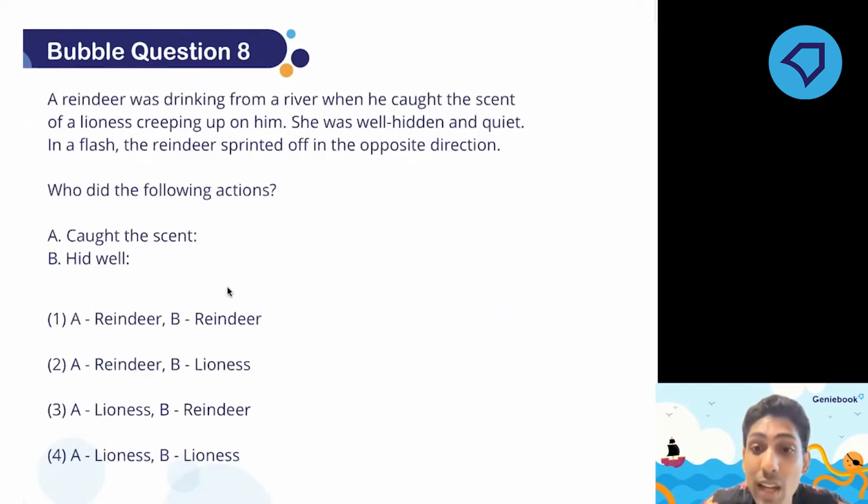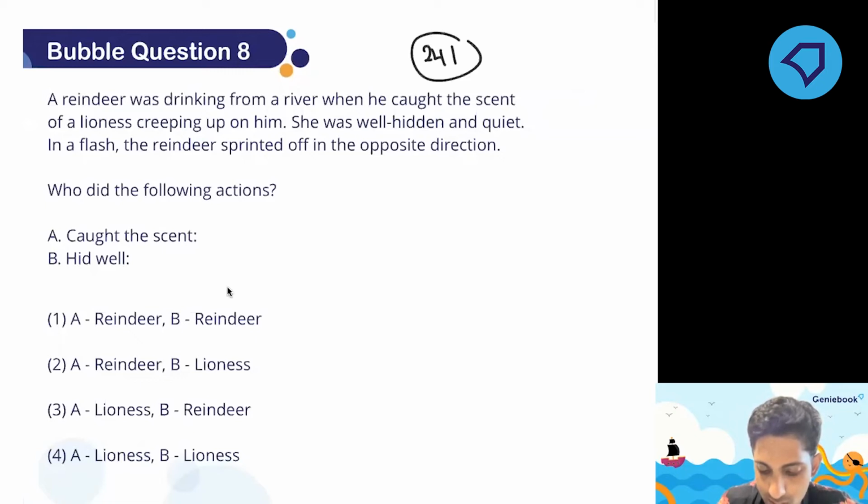How many answers do we have? Okay, answers are still coming in. So let's hang on for a while. In the meantime, our high score is 241. That's question 7. We have question 3 and 5.